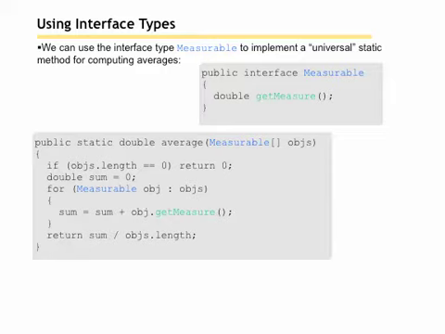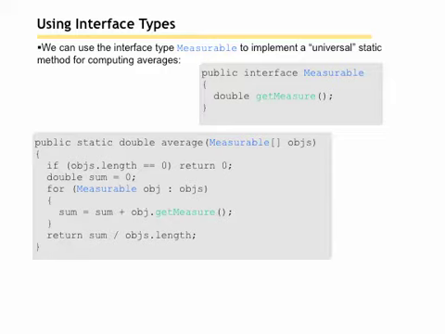So if objs.length equals 0, return 0. Again, just like checking for null on a previous slide, if the length of the array is 0, do not go another step. Return 0 because there isn't any average as a result of this array, because there's nothing there. There's nothing to average. So when we're calculating an average, we need to sum all the values and then divide by the total number that are there.